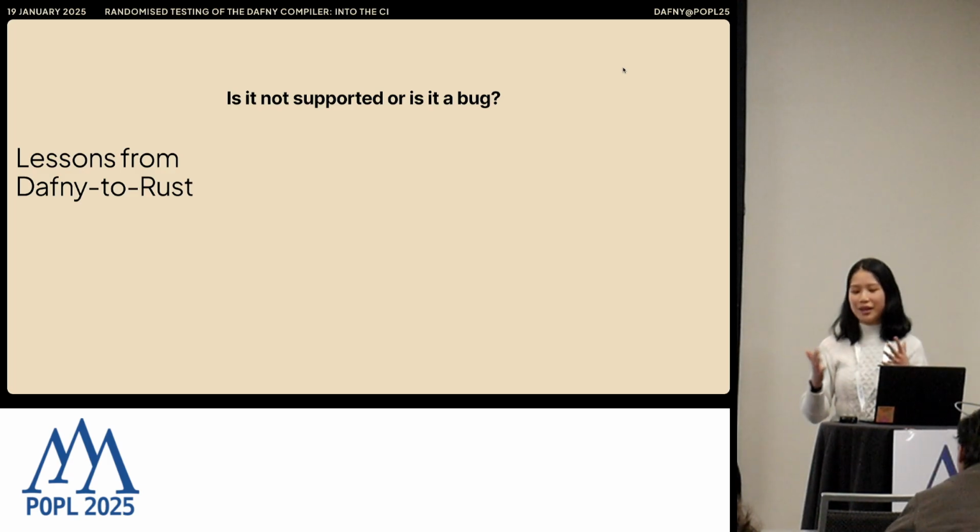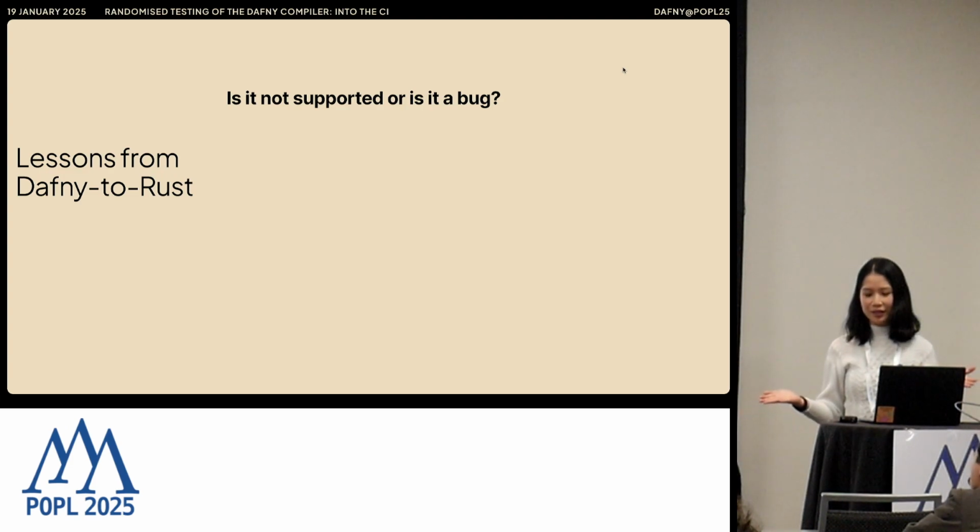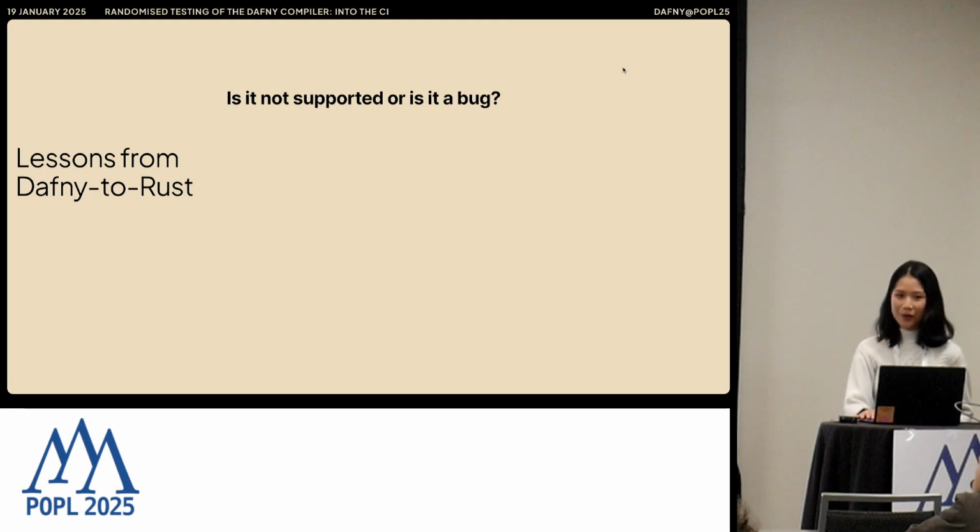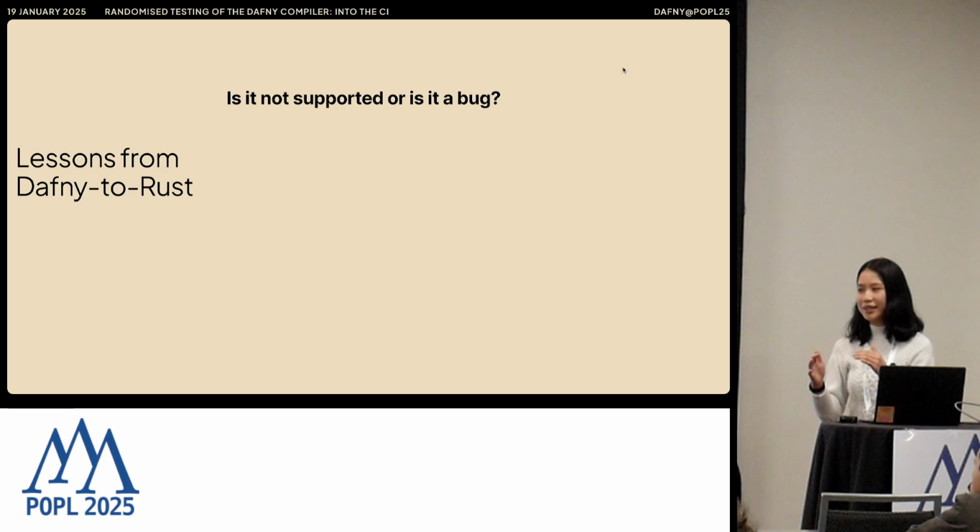Because the Rust backend was being actively developed while the tool was deployed, we ran into a lot of issues where the tool wasn't able to tell if an error it was getting was from a feature being unsupported or from a real bug.